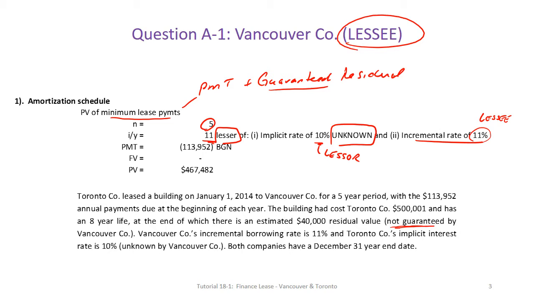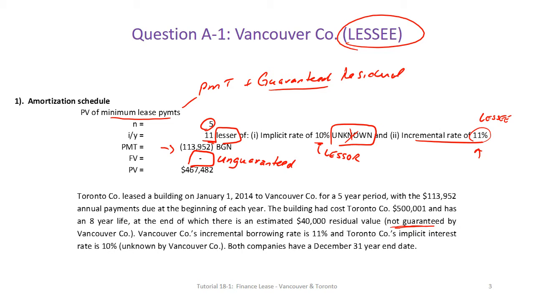If we don't know that, we can't use it, so now we have to use 11%. The payment is always given to us by the lessor. Now, there may be a situation where you may have to calculate the payment from the lessor's perspective. Because our residual is unguaranteed, there is no residual, so the future value is 0.